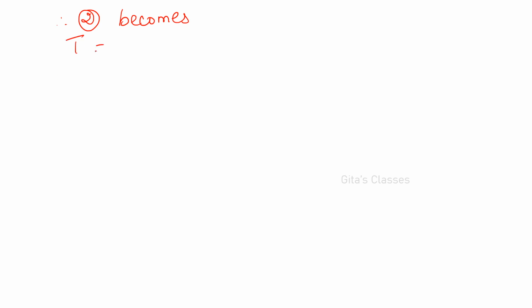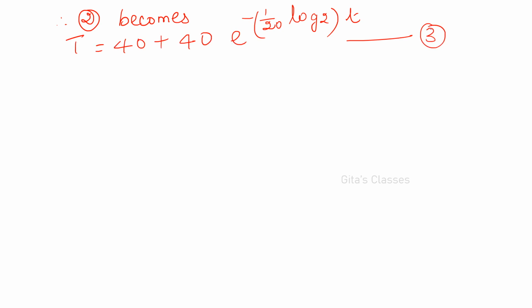Capital T is equal to 40 plus T naught is 40 plus 40, C is 40, already we have found out, e power minus 1 by 20 into log 2. This is our k, e power minus kt. So k is 1 by 20 into log 2. Okay, just substitute this. Let us take this as equation number 3.